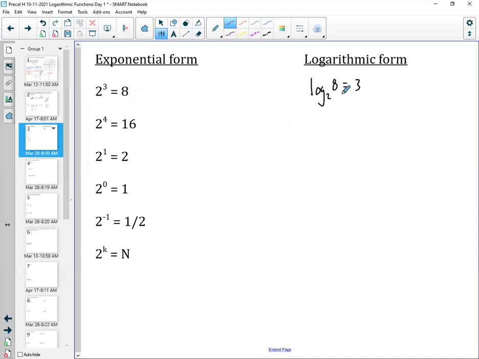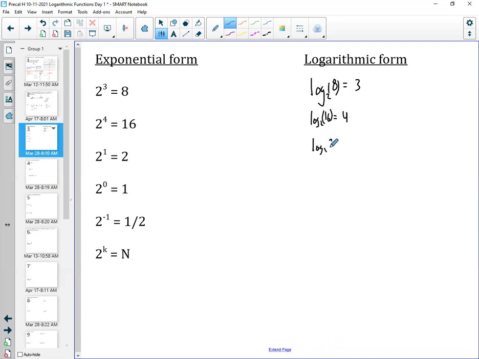You can check: 2 to the third equals 8. This one's going to be very similar. Log base 2 of 16 is equal to 4. 2 to the 4th equals 16. And you notice the base is always small and the argument is always sitting there inside the log, okay?